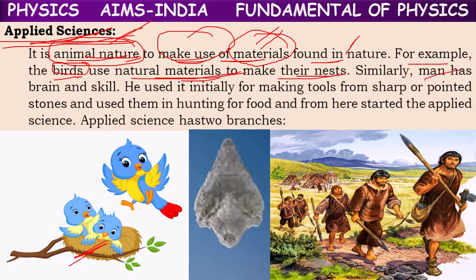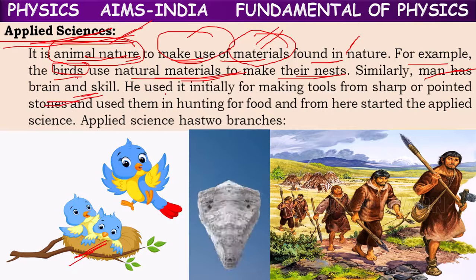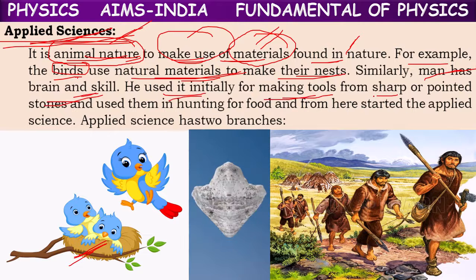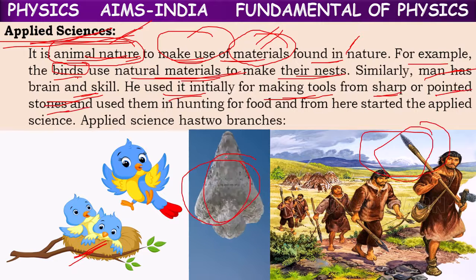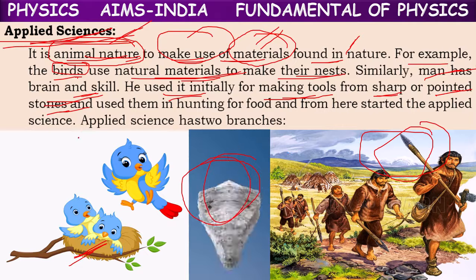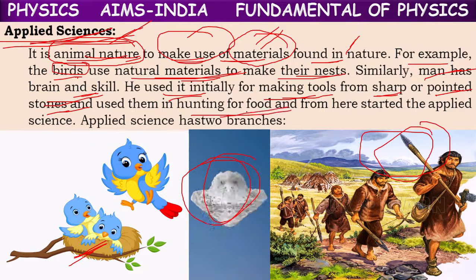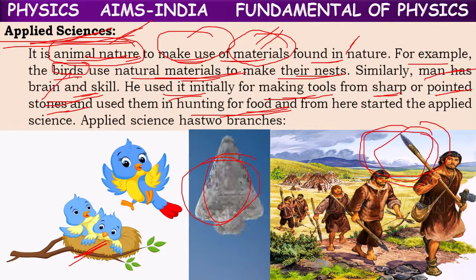Similarly, the earlier man had brain and skill. He used it for making tools from sharp or pointed stones, like weapons. He made sharp stones and tools with the help of available stones and used them in hunting for food. Hunting for food means he is applying his brain and skill.